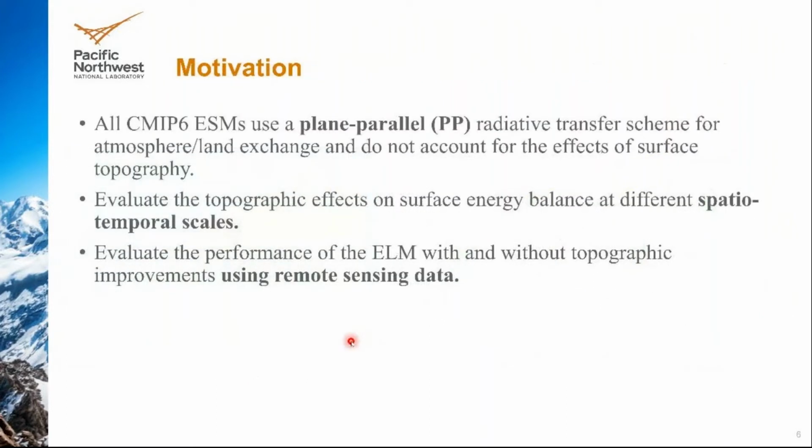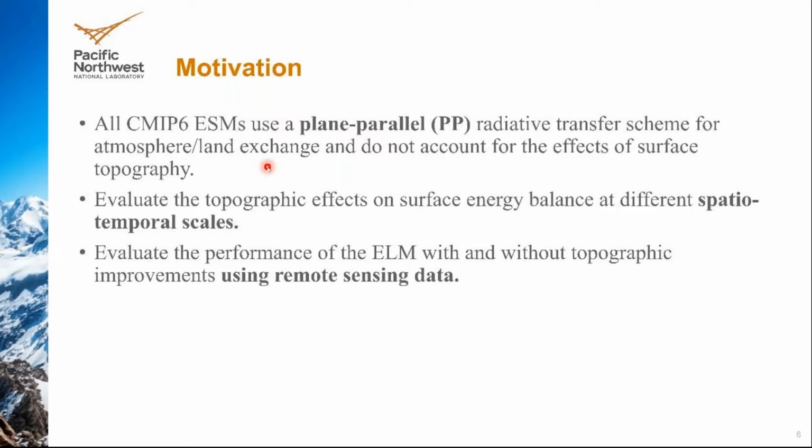However, currently most CMIP6 models just use plane parallel radiation transfer schemes for calculating surface albedo. This scheme just assumes the surface is flat and doesn't account for the topographic effects.